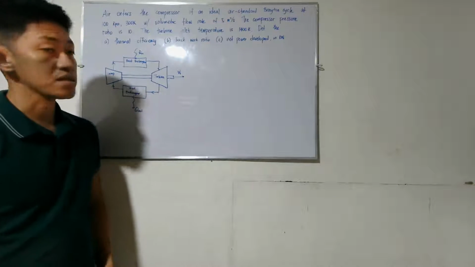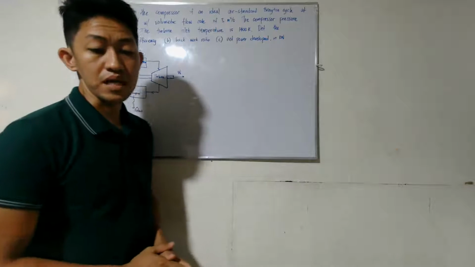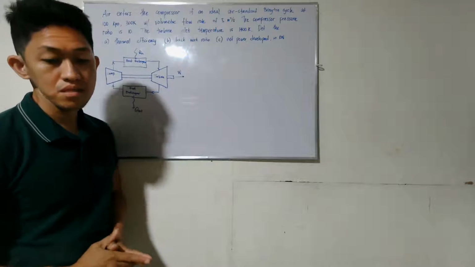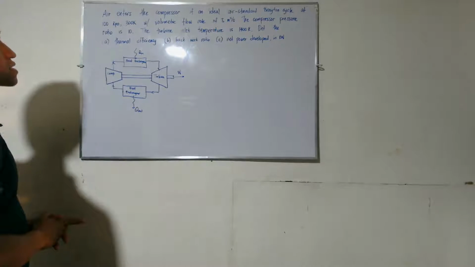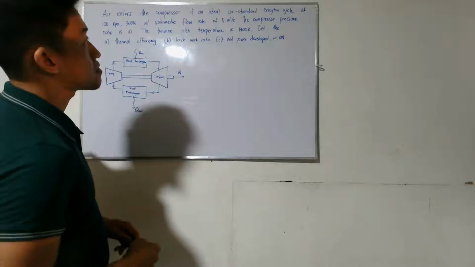Okay, so let's have this example, and this is taken from example 9.4 in our reference. So you have an air that enters the compressor of an ideal air standard Brighton cycle.